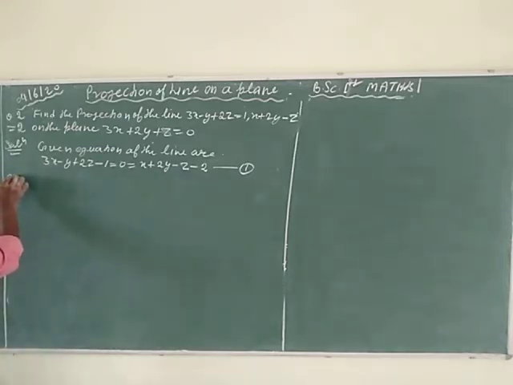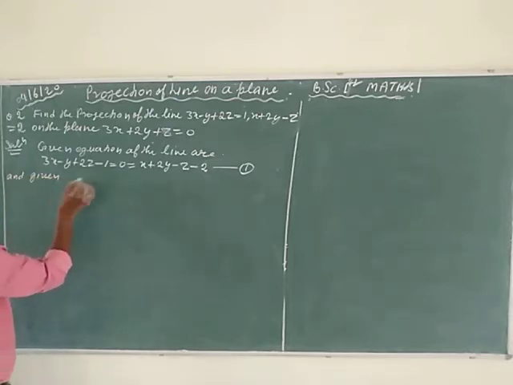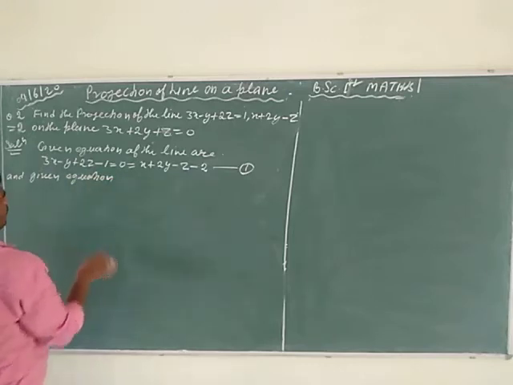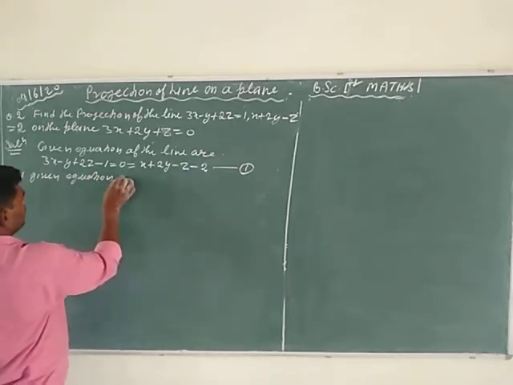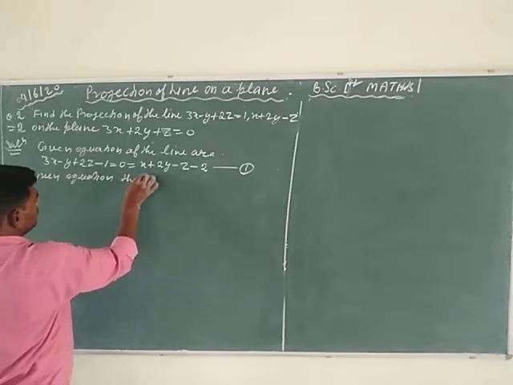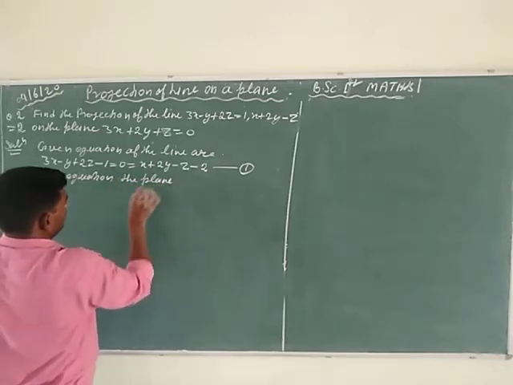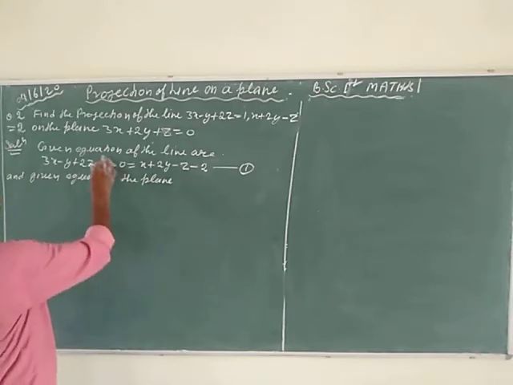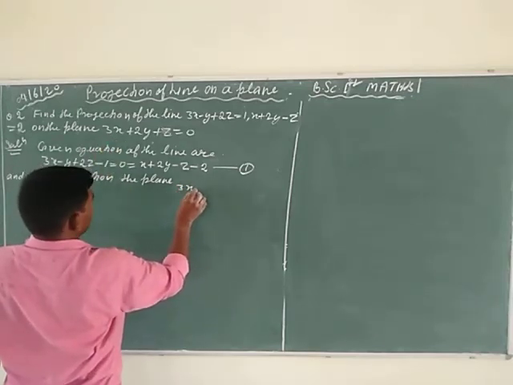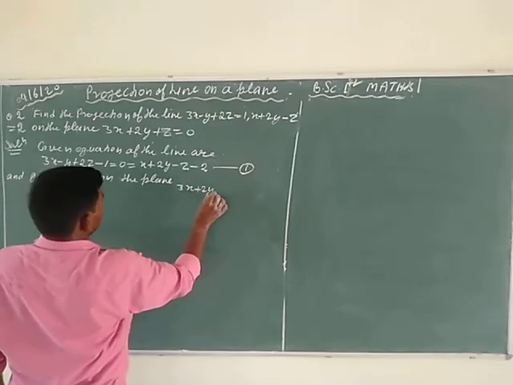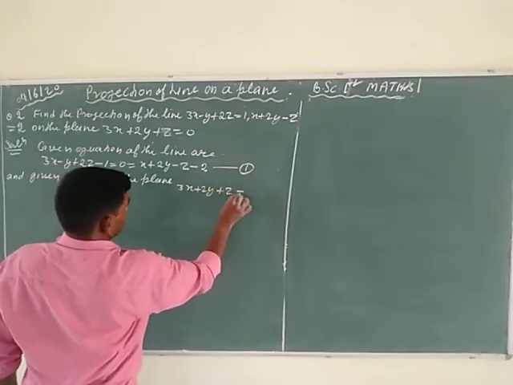And the given equation of the plane is 3x plus 2y plus z is equal to 0.